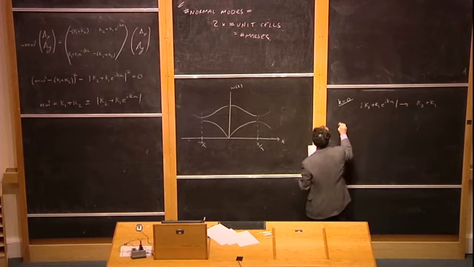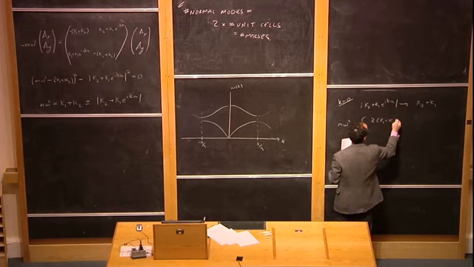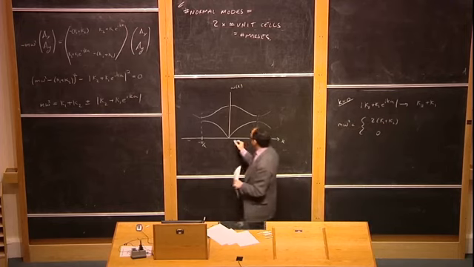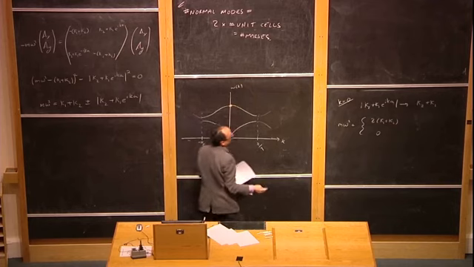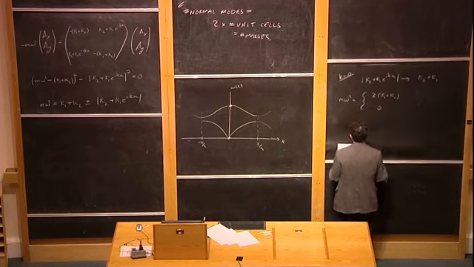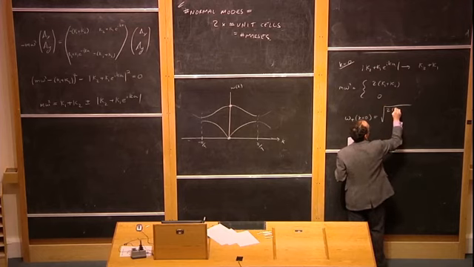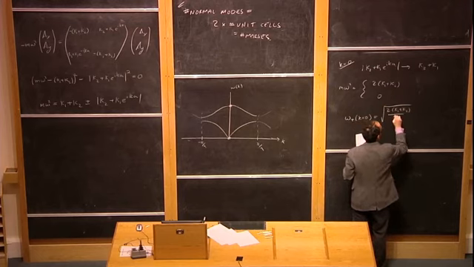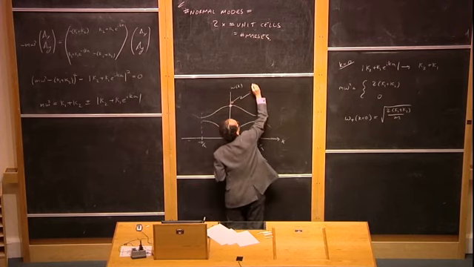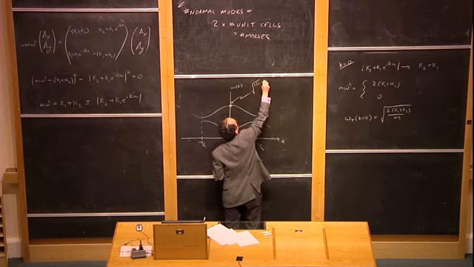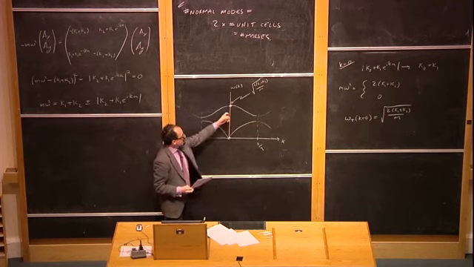So m omega squared is either 2 times (kappa 1 plus kappa 2), or it's 0. And so I've drawn that here. Here's 0 at k equals 0. And here is the higher energy one. So omega plus at k equals 0 is the square root of 2 (kappa 1 plus kappa 2) over m. Did I get that right? I think so. So we give that point the value square root of 2 (kappa 1 plus kappa 2) over m.